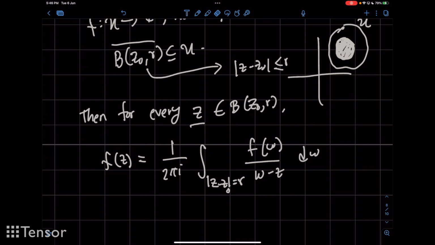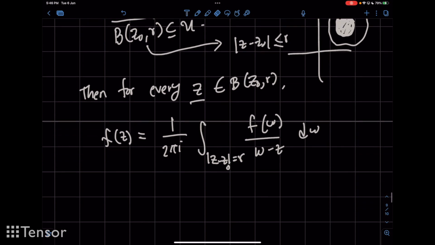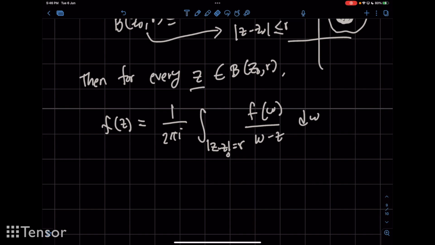We have a more general formula that tells me the value of the derivative of f at z.